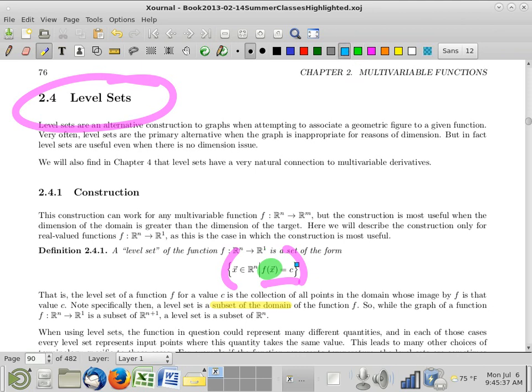It's just that we're no longer setting the values of the function equal to a new variable. When we were drawing graphs, we set f of x equal to, like, y or z or something. Here, we're setting the values of the function equal to a constant. It is very much not the same construction. This equation is very conspicuously different from the equation that we used to generate the graph construction. So very different. And it's going to result in a very different picture.